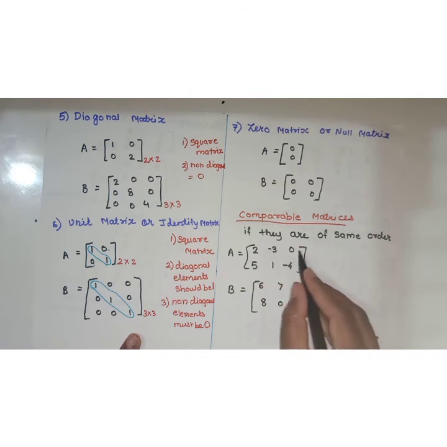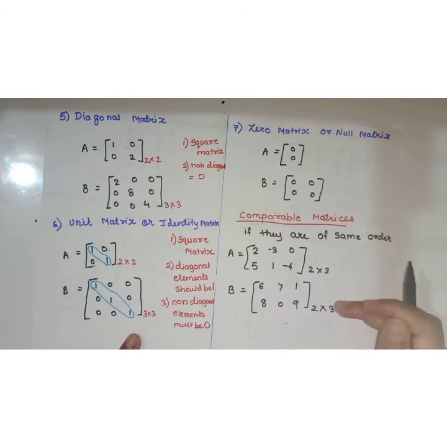If you see, the order of both the matrices is 2 by 3. So when the order of both the matrices is the same, you can compare those matrices. Otherwise, you cannot compare those matrices.